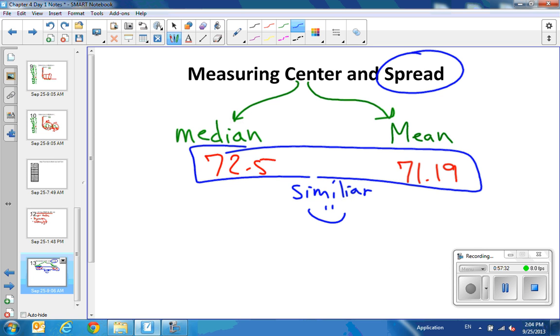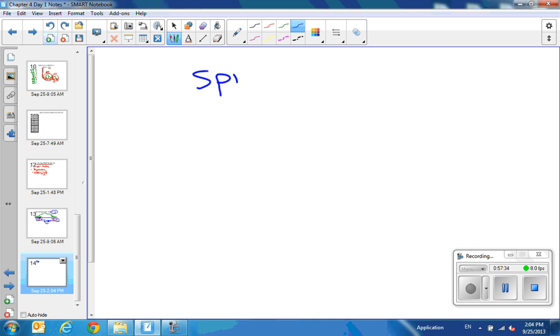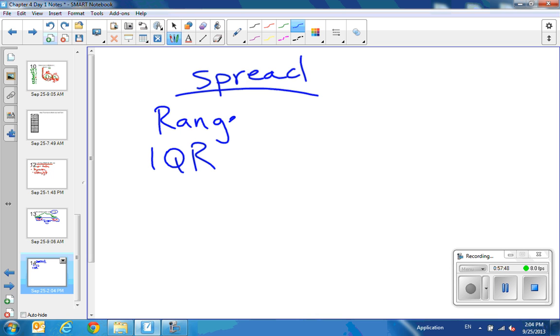How can we measure spread? The IQR, or the interquartile range. The range. And the standard deviation.